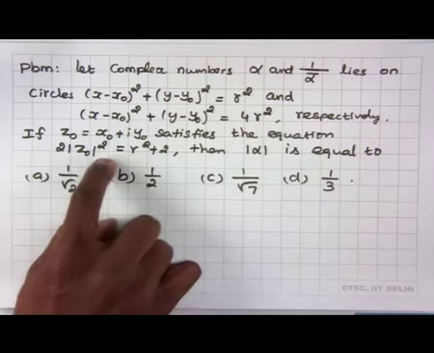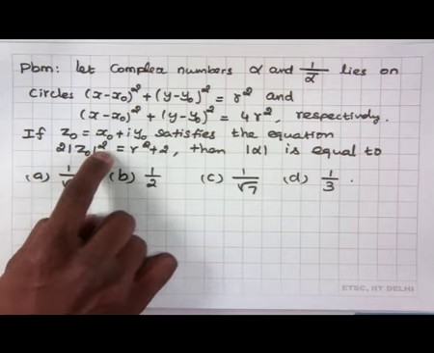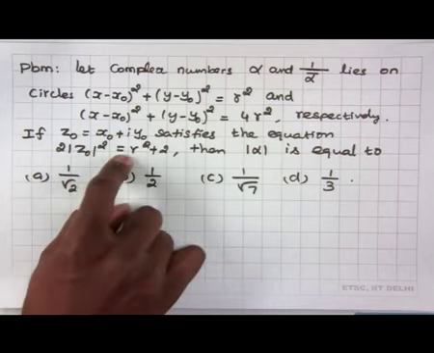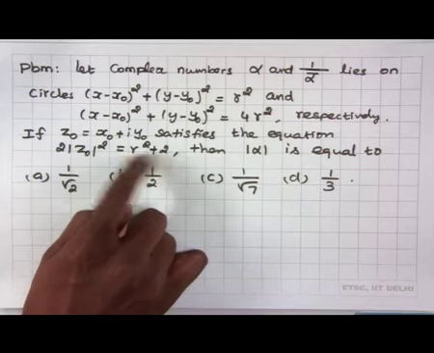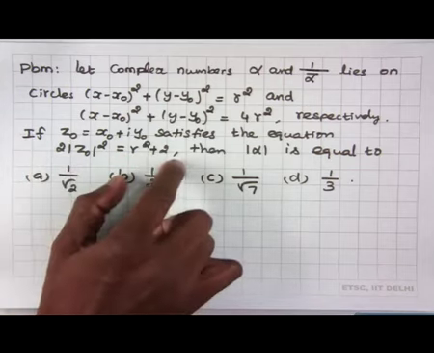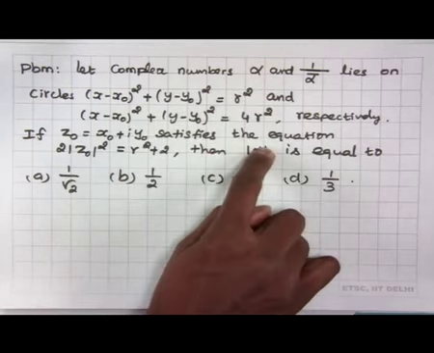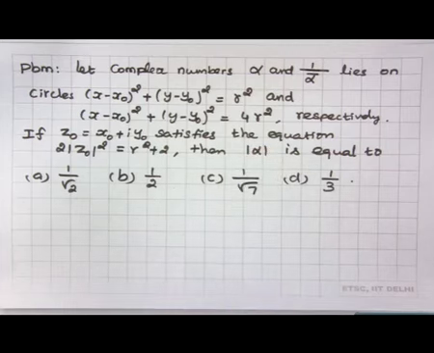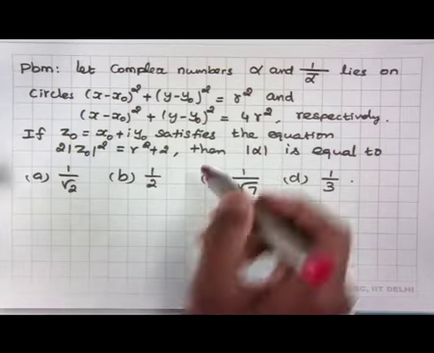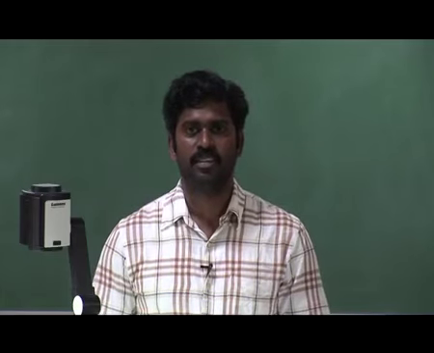Then, together with the condition that |z₀|² is given by (r² + 2)/2, we can determine the value of α. I will write down the answer, so please verify it.